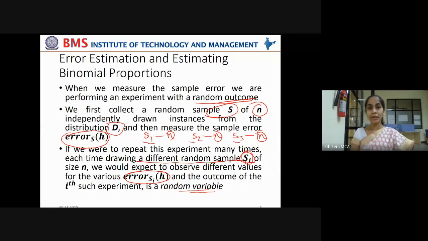That is why their sample errors may differ. The outcome of this sample error is not predictable, right? Each time you draw a sample, its error may differ. That is why we call it a random variable. Whenever the outcome is not predictable, you call it a random variable.